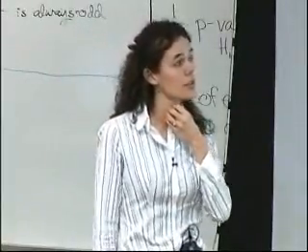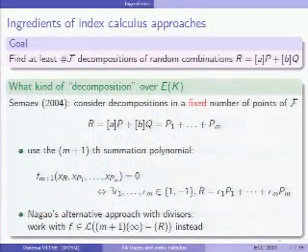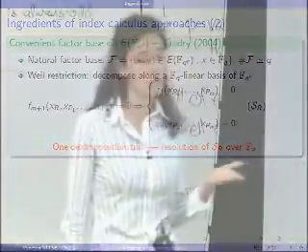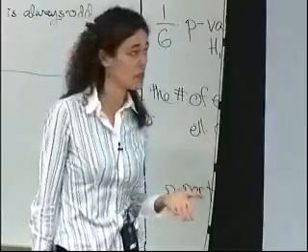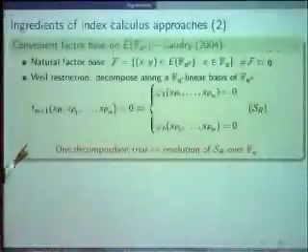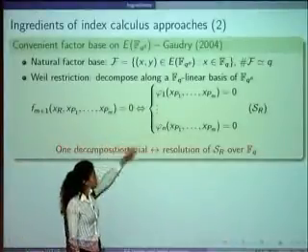And to find the roots of this Semaev summation polynomial, what we do is a sort of Weil restriction. We simply see Fq to the power n as a vector space of dimension n over Fq. And we look at each coordinate of this polynomial in this vector space.